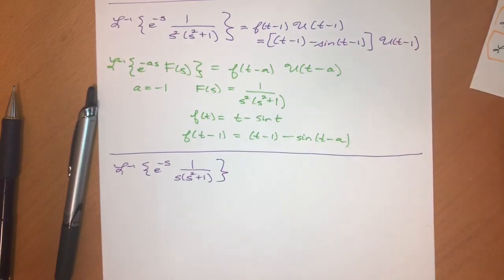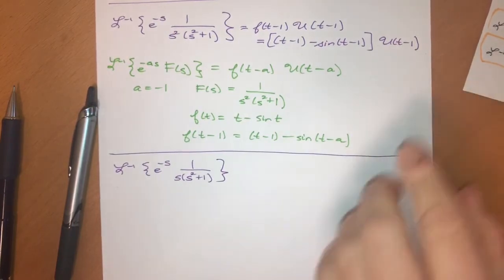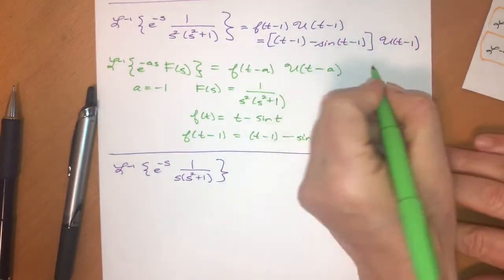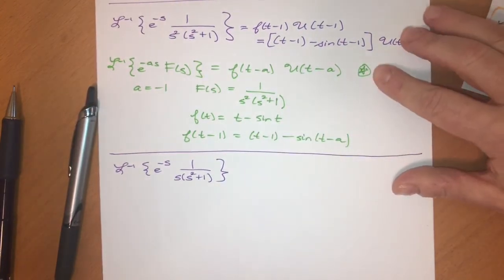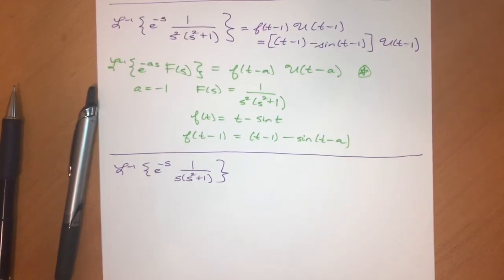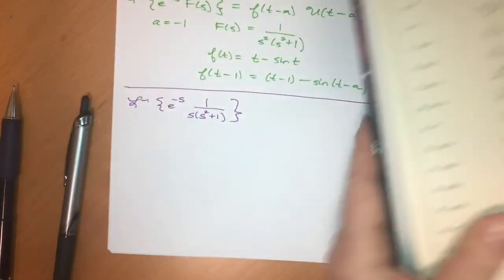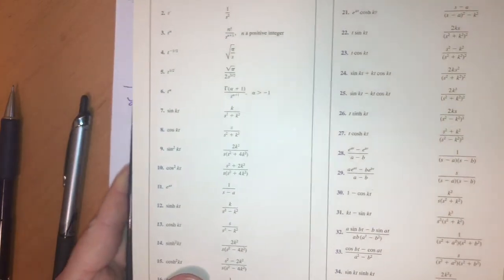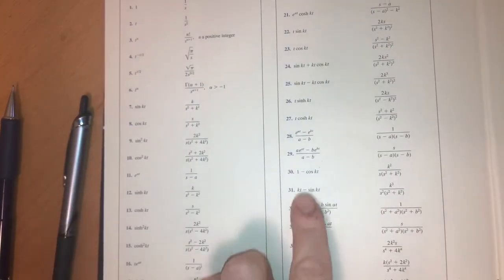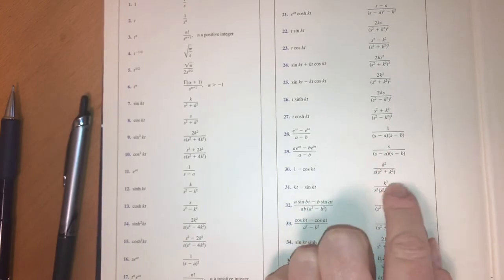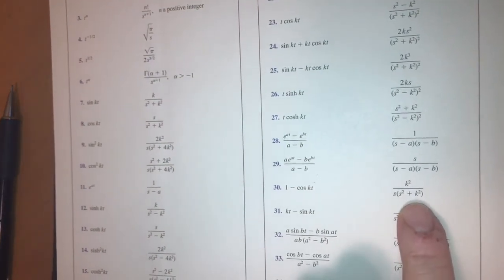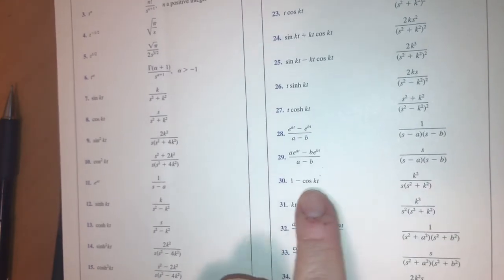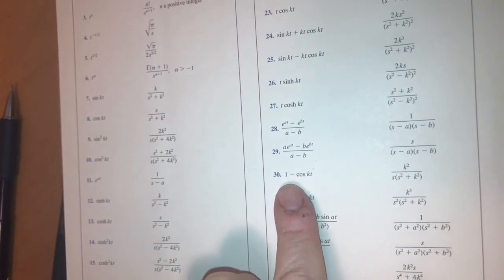So we'll end up using this same formula here, but instead of combining that with formula 31, look what happens when you look at formula 30. If you have a Laplace transform that looks like k squared over s times s squared plus k squared, that will go back to 1 minus cosine kt.